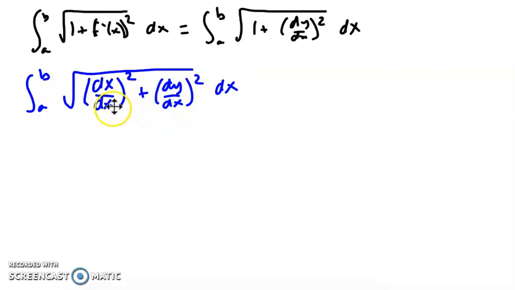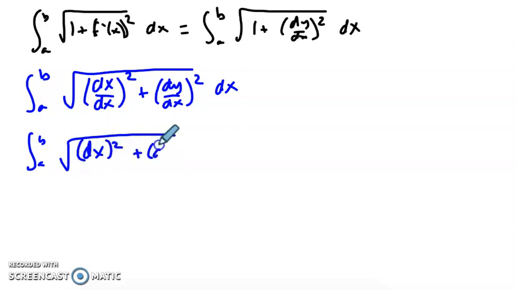And I'm going to go ahead and separate my numerator from my denominator. So I'm going to have dx squared plus dy squared, and I had a dx out here, and my denominators of dx squared are actually a common denominator, and I can square root them to get a dx out here.